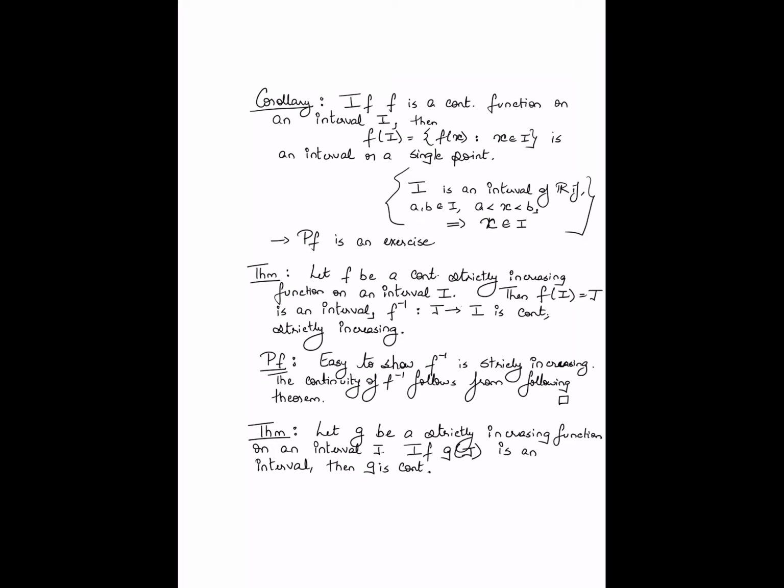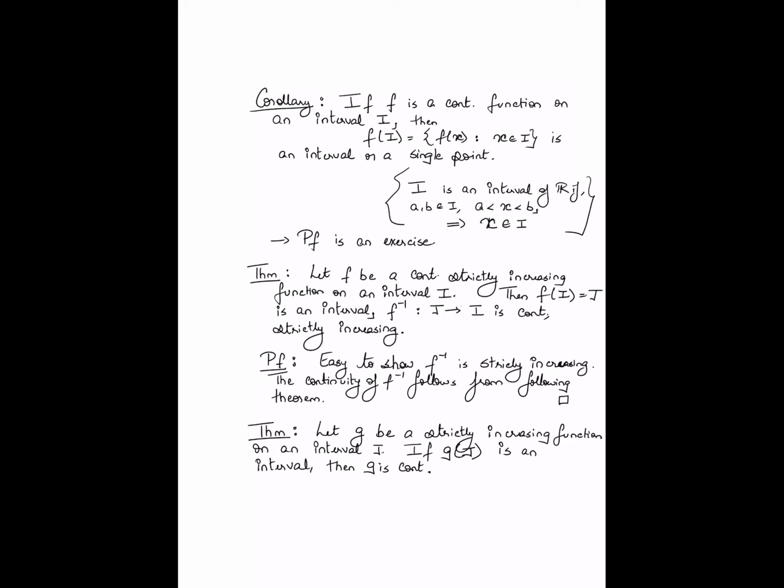So let's stare at this statement in its own right first and then worry about how it applies to the previous proof. If g is a strictly increasing function on some interval J, what the theorem says is that suppose that g of J, the image of g over its domain, is also an interval. I told you what an interval is a bit back. Then we can argue that g is continuous.